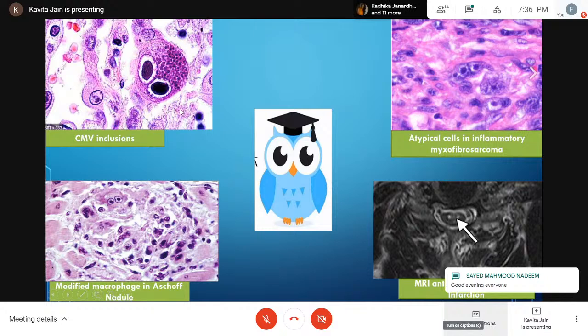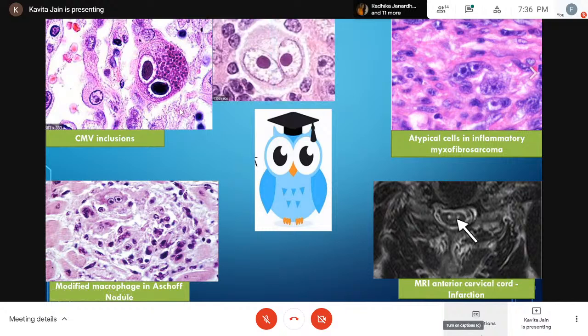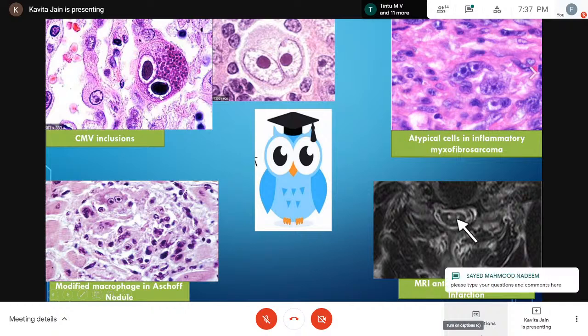Now, coming on to the CMV. A commonly asked question: how do we differentiate between the intranuclear inclusions of cytomegalovirus and RS cells? If we move from inside out, first of all, these are not nucleoli, they are inclusions, and these are nucleoli.